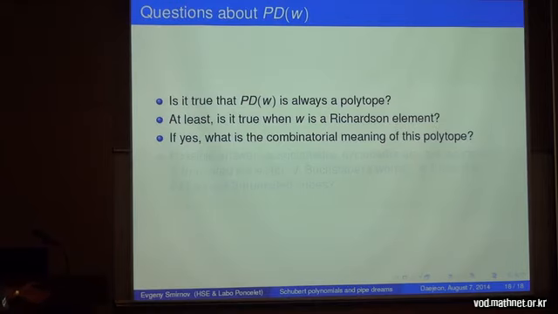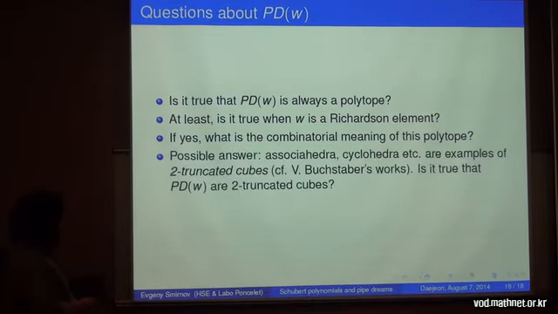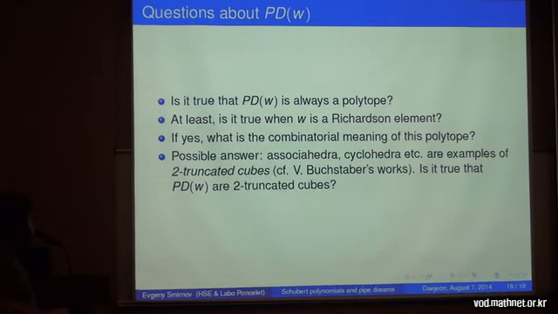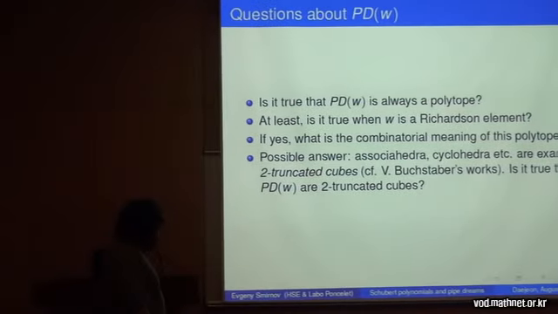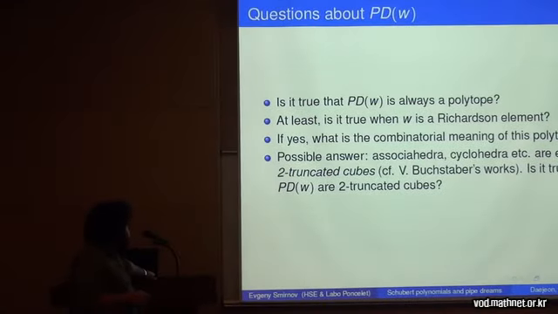What's the combinatorial meaning of this family? One possible answer, which might be true, but I don't even dare calling it a conjecture, is that Buchstaber considered a family of two-truncated cubes.